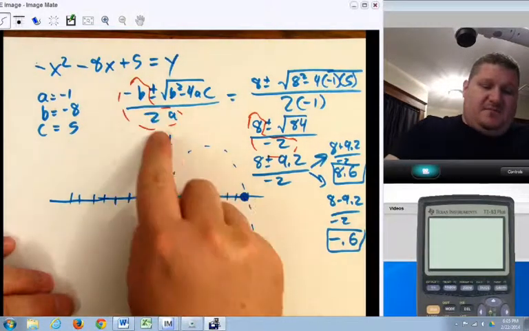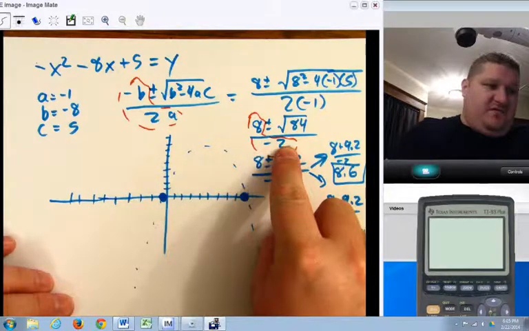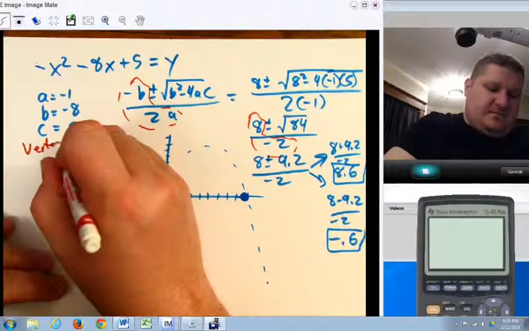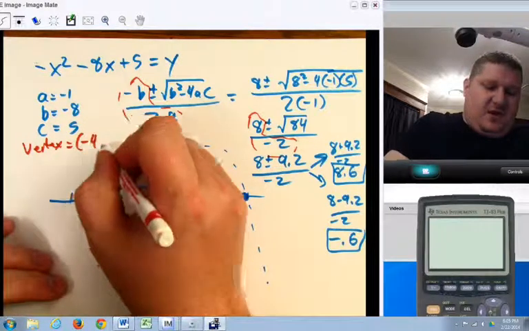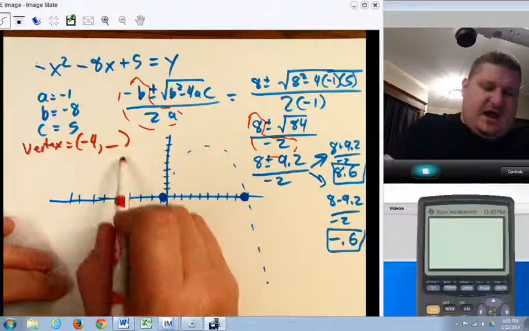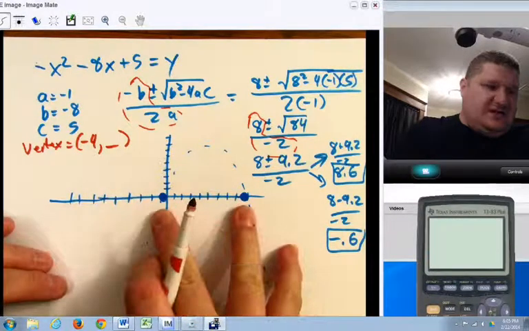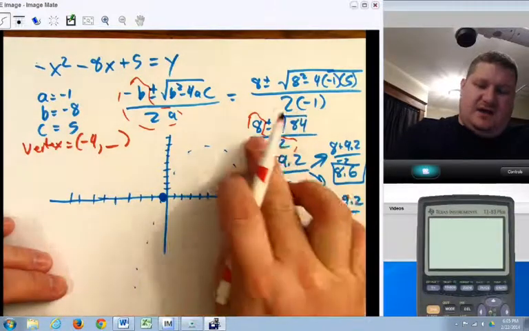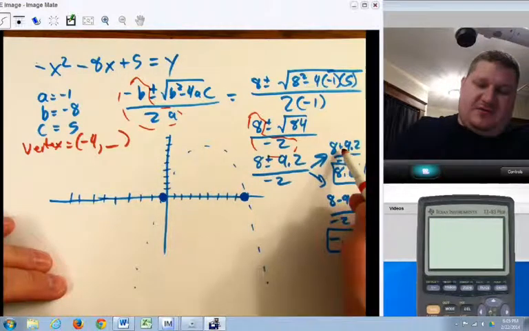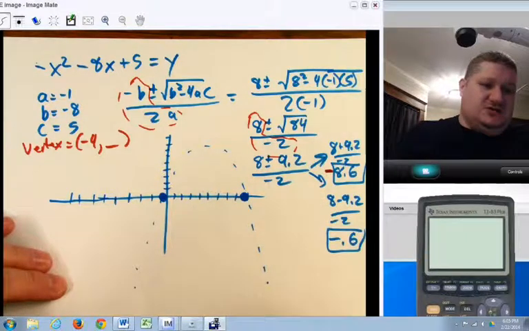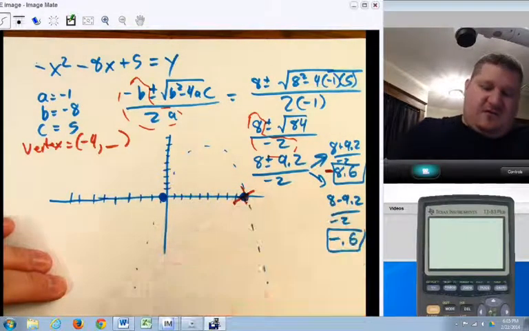The opposite of B over 2A is going to be 8 over -2, so we know the vertex is going to be -4, comma something. Well, if that's the case, I'd have a vertex here and two places I cross here, so I knew something had to be wrong. If I go back and I look, I have 8 plus 9.2 divided by -2 should be -8.6, ladies and gentlemen. So that's not where it crosses.